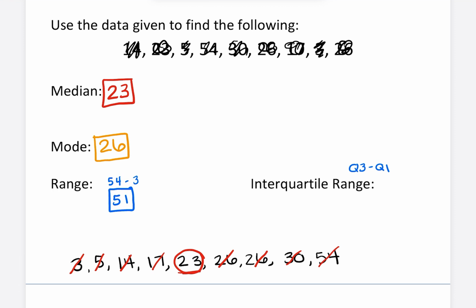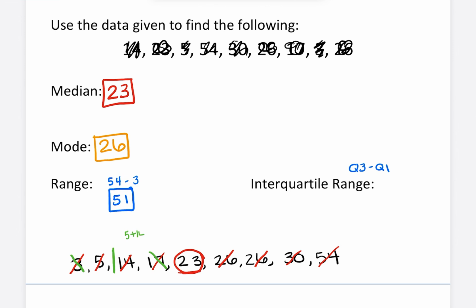So remember, we got to find the median. Once we find the median, we go to the two sides. So this side, and I find the middle of this side, and I find the middle of this side for my Q's. So on this side, I'm going to mark out 3, 17. And then notice I have two numbers, and I need to find the middle of those two numbers.